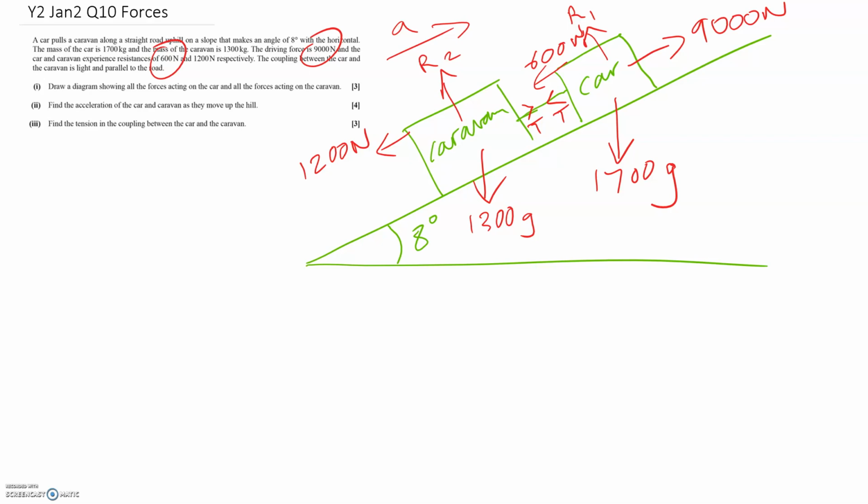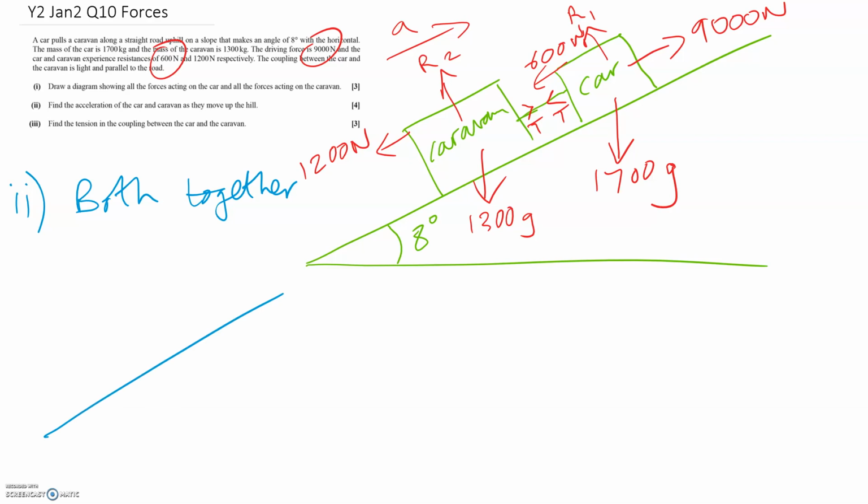That diagram should help us to answer part 2. So in part 2, we want to find the acceleration of the car and the caravan as they move up the hill. I think it's probably best to consider both the car and the caravan together.